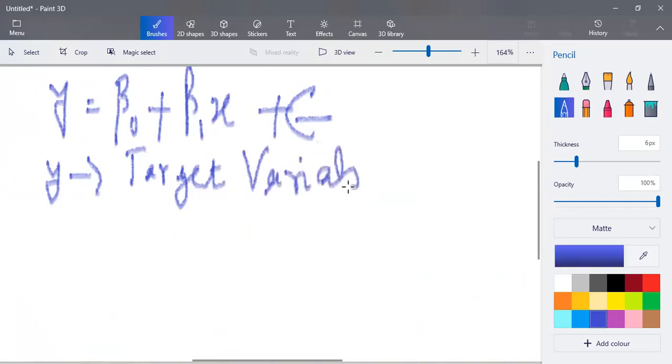That means y is basically the actual value.